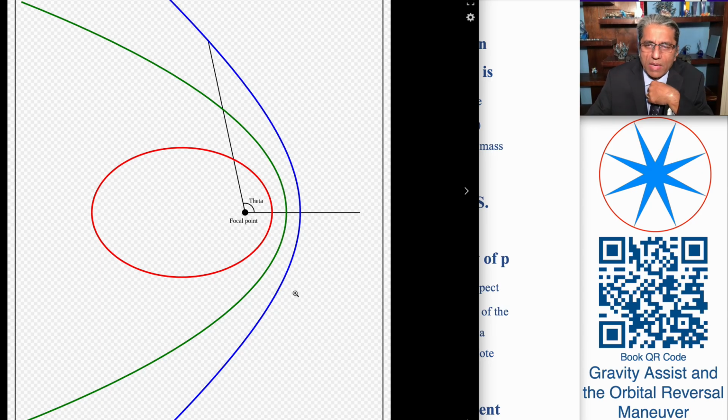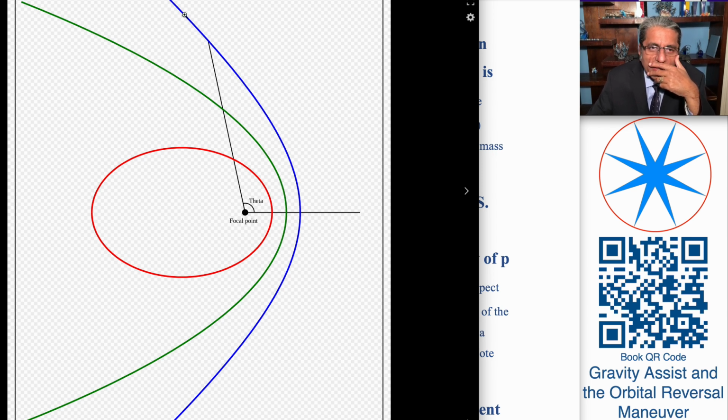We'll just talk about hyperbolas. The benefit of doing that is that you don't have to do any calculus after that, because if you look at how these orbits were found, you can find them by solving the differential equation. As you come closer to the planet, the force changes, and the direction also changes because the direction of the force on the spacecraft is always pointing towards the center of the planet.